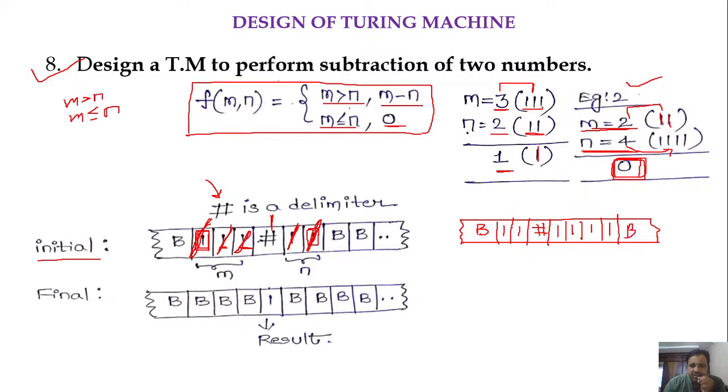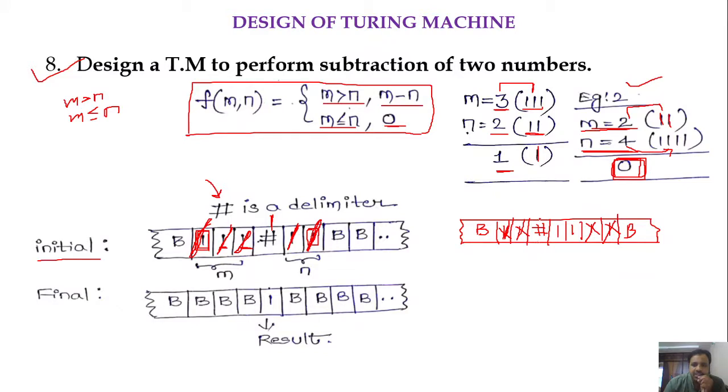So what we will do, we will cancel this one in m with the last one in n. We cancel this one with the last one in n. Here, if you observe, we are not having any more ones in m to cancel with the number of ones in n.